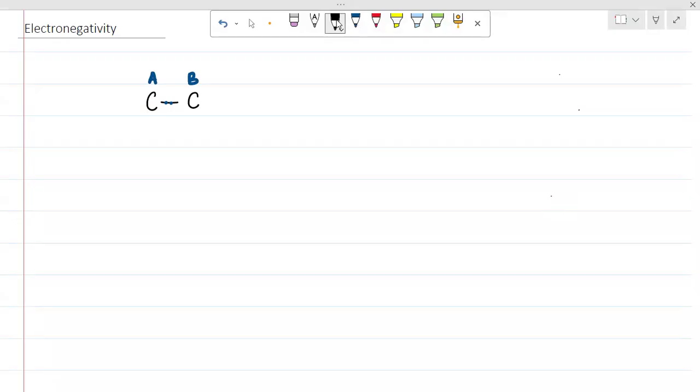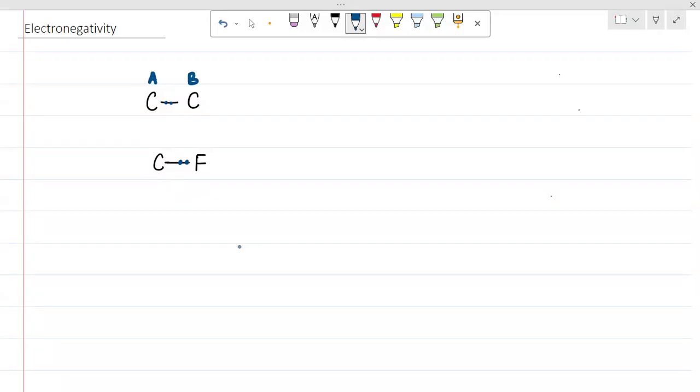Now, there are cases like CF. This is the second case, where the atoms that we consider are different. We already know from our basic classes that here the bonded electrons would shift towards fluorine from the center, right?